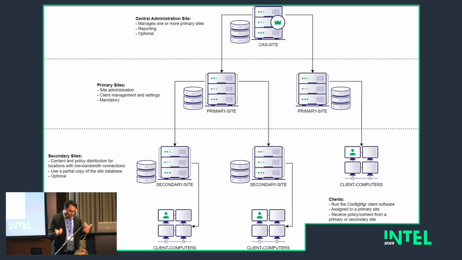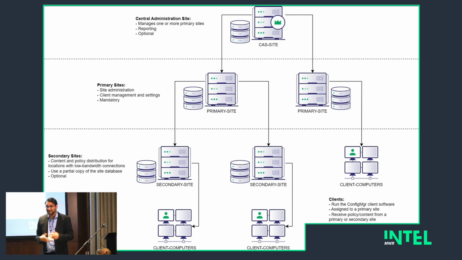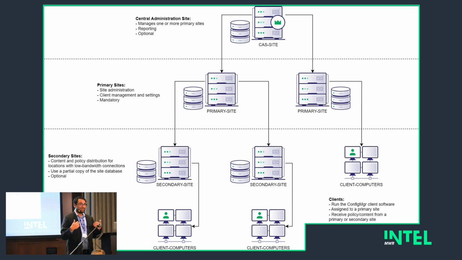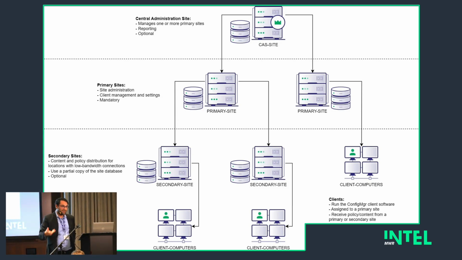So if we extrapolate this to something like Active Directory, the classic line is the Active Directory forest is the security boundary, not the domain, right? So the hierarchy is the forest here, and each site can be seen as a domain.